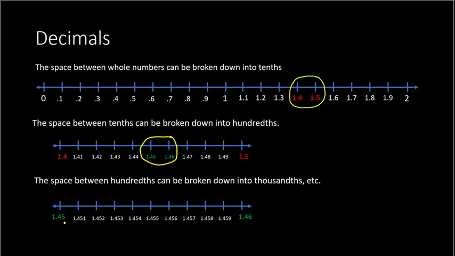Again, with 1.45, you could put a 0 at the end, so what you have is 450 after the decimal. Then you have 1.451, 1.452, all the way to 1.459, and then we have 1.460. You don't need to write the 0, but you could if you wanted to.